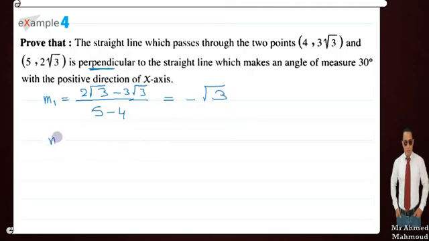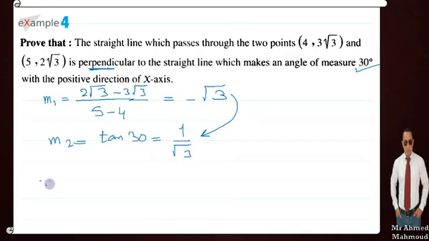For m2, here he gives me the angle, so the slope equals tan 30, which equals 1 over root 3. By multiplying the two slopes, negative root 3 times 1 over root 3 equals negative 1.